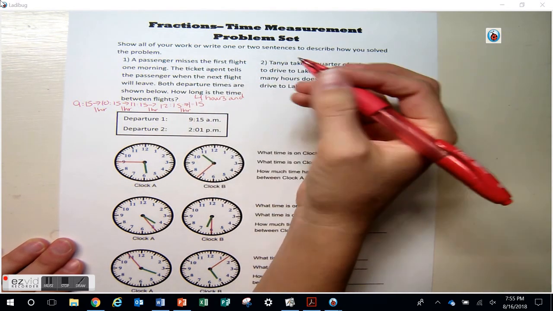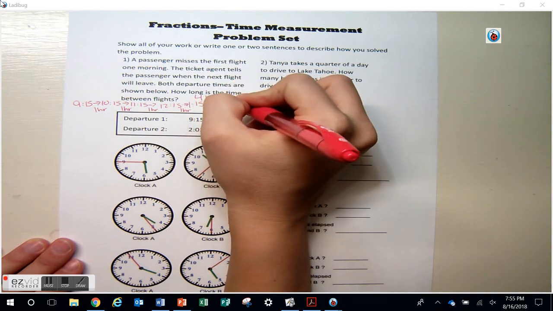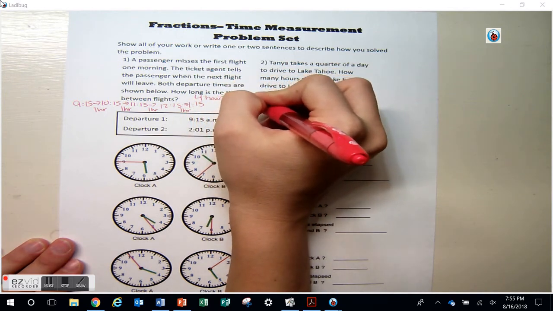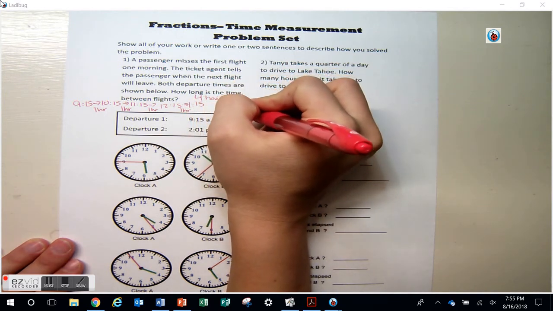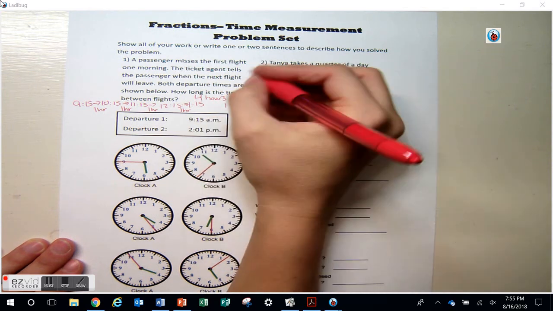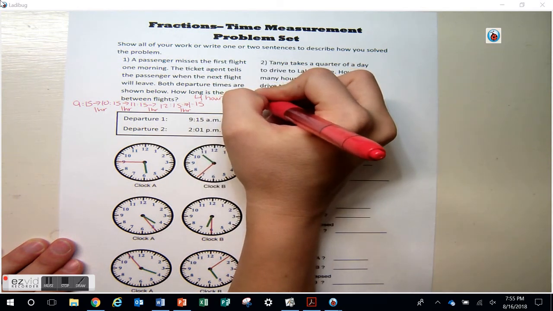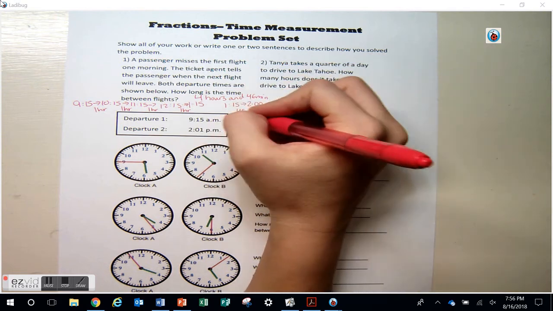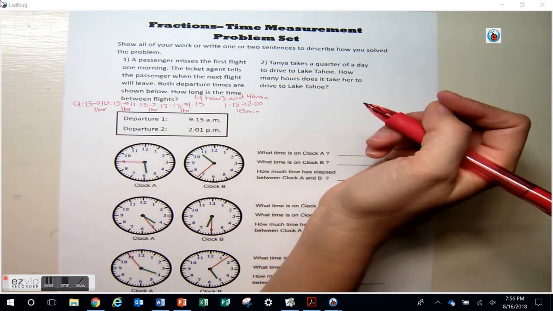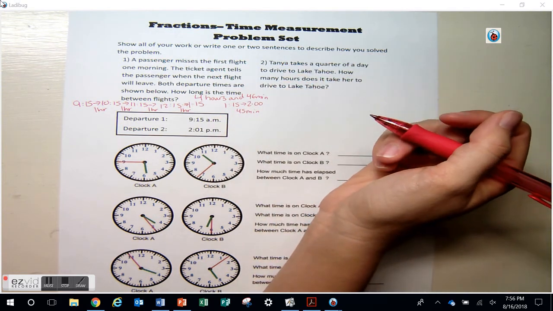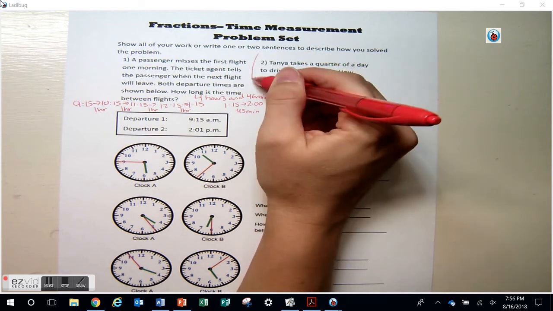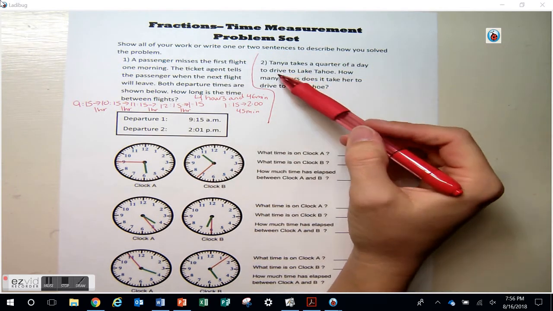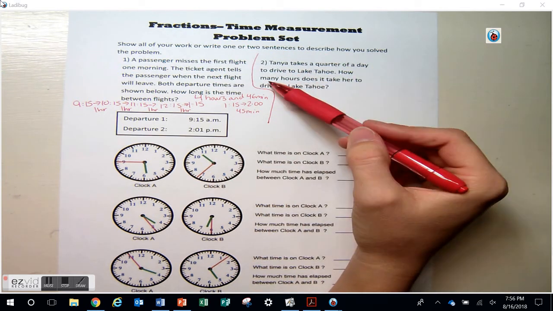And from 1:15 to 2:01, some of you know that from 1:15 to 2 o'clock, that's 45 minutes. And then we have 1 more minute, so we have 46 minutes. If you need to write 15, 16, 17, 18, 19, 20, and so on, that's fine, but you do not need to do that here.